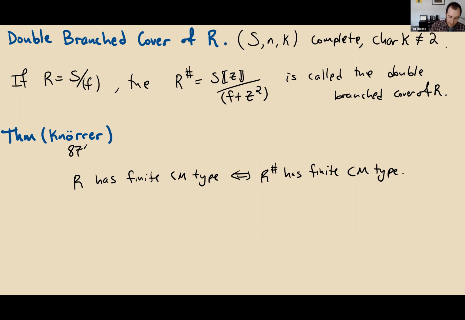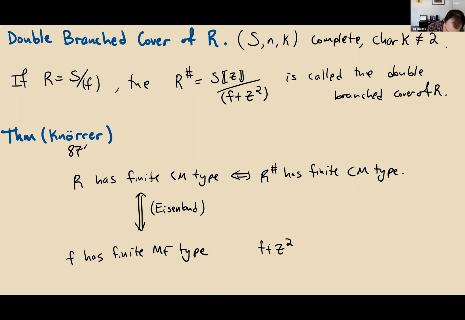So this is Knörrer's theorem, and I'll say a little bit more about it in a second, but I also want to point out that connection with matrix factorization that I was trying to emphasize before. If R has finite Cohen-Macaulay type, we already mentioned that's the same thing as saying F has finite matrix factorization type. If the category of matrix factorizations has only finitely many indecomposable objects, that's what I mean by finite matrix factorization type. So these two are equivalent because of Eisenbud's theorem. That's what we had before. But then we can apply Eisenbud's theorem again on the right-hand side because R sharp is also a hypersurface. The same idea works, just with a different equation.